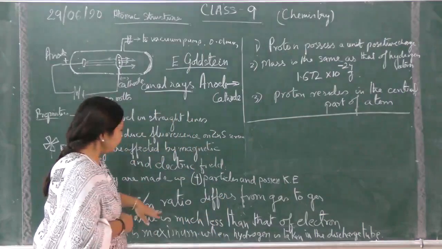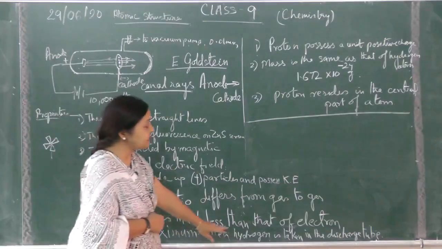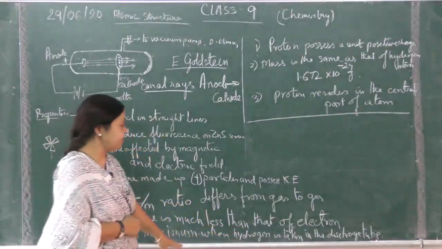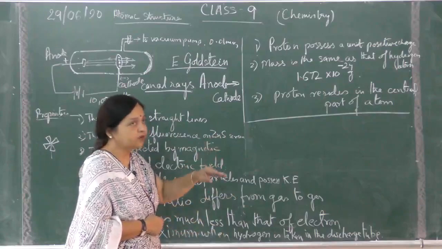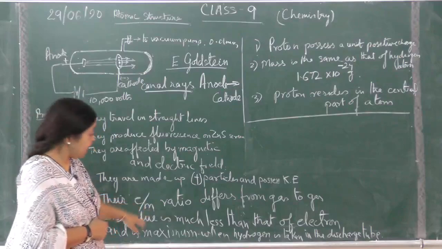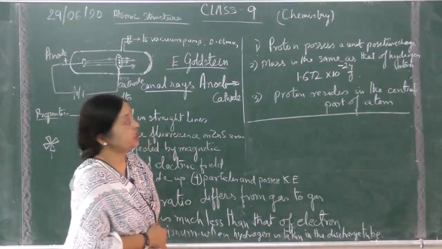So the e/m ratio differs from gas to gas, and its value is much less than that of the electron. It is maximum when hydrogen is taken. Hydrogen is the lightest of all elements, so the denominator, the mass, will be less. Naturally, the e/m value will be highest when hydrogen is taken in the discharge tube.